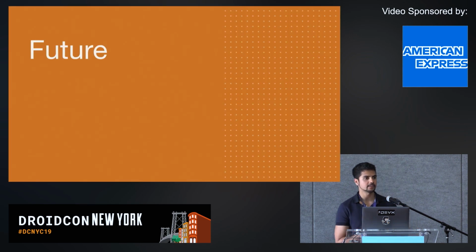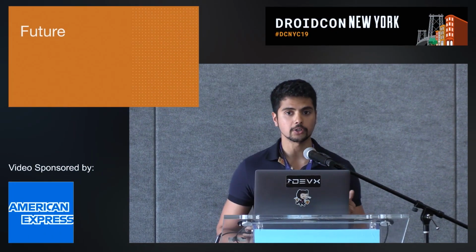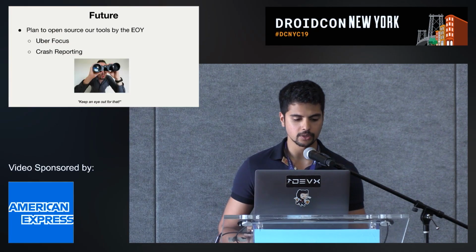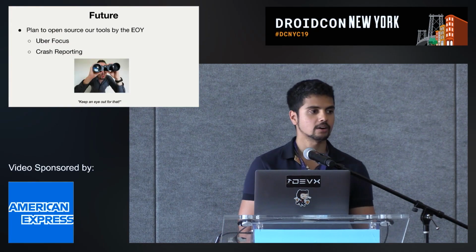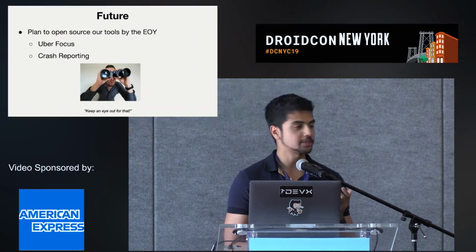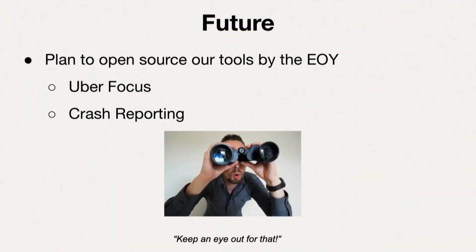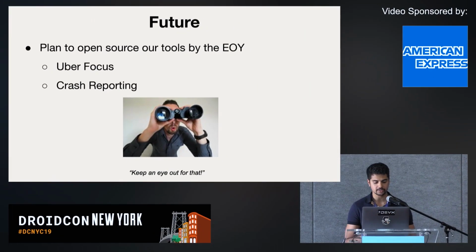So given all this, what does the future look like? We're planning on open sourcing our two feature sets here, which is Uber Focus, indexing on demand, as well as crash reporting, to the general audience, for everyone to use. We're building it in such a way that it's not build system dependent.